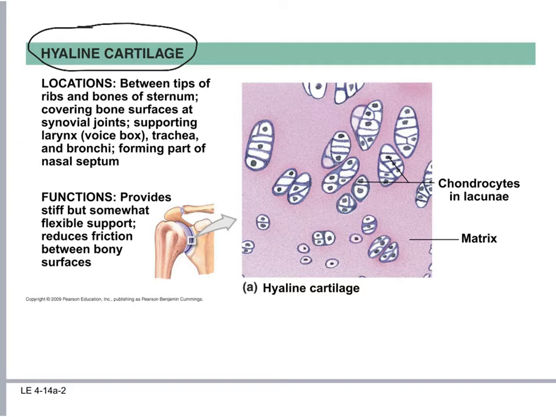Now the thing with cartilage is the cells have a very distinct look to them. When you stain them, they stain with a very dark purple cell membrane, and the nucleus is stained very darkly.